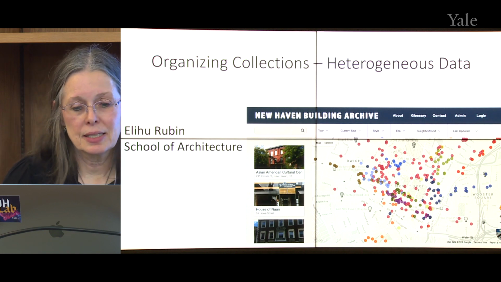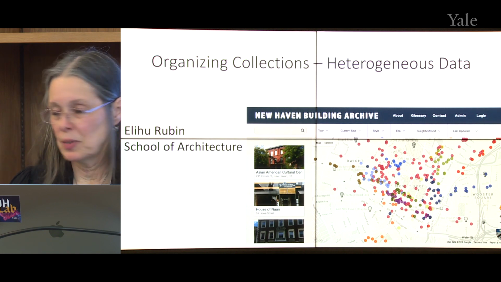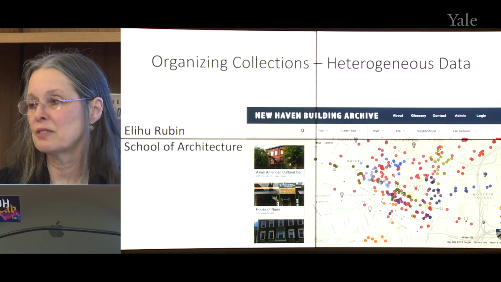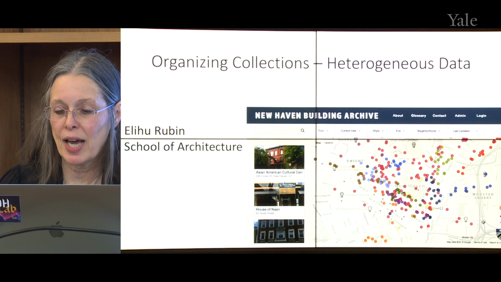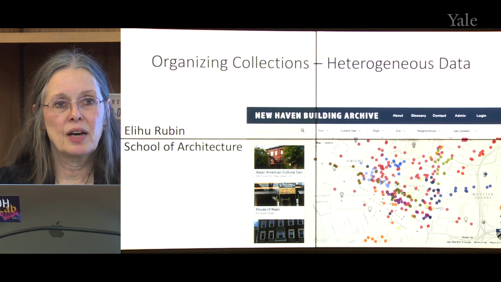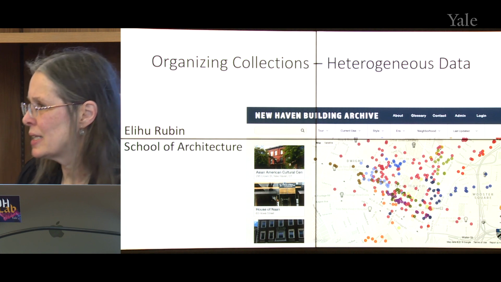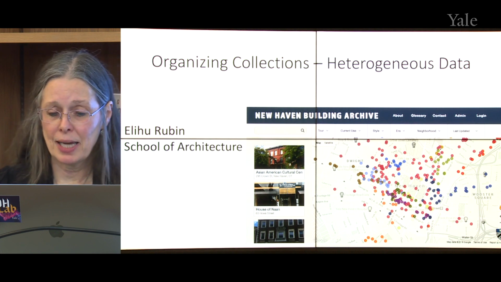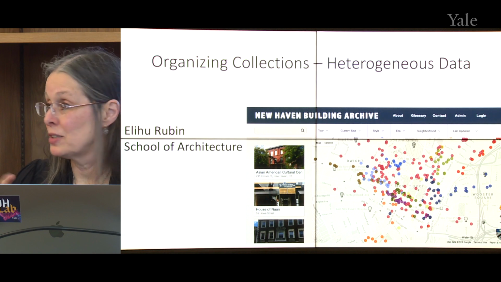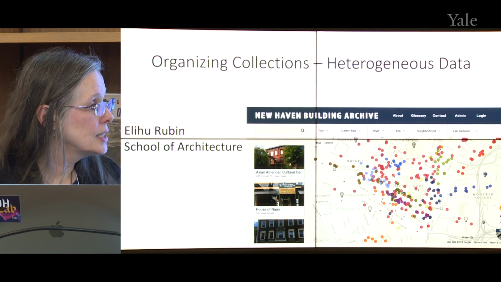The last topic I wanted to touch on, which was already mentioned, is this problem of heterogeneous data. You've got all sorts of information, and this is similar to the last couple of projects you were talking about, so I think we may have some overlap in tools we might want to develop.